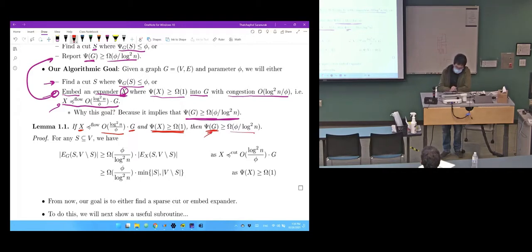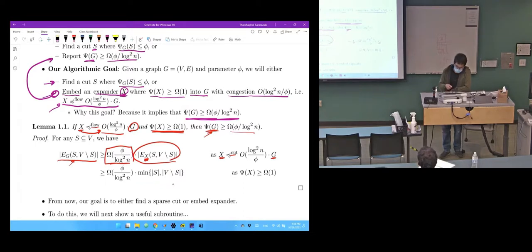And well, if X is embeddable into G in the flow sense, then X is less than G in the cut sense. Right? So we have that for any cut S, the cut in G is at least the cut in X within this factor. But X is an expander, so this thing is at least this.